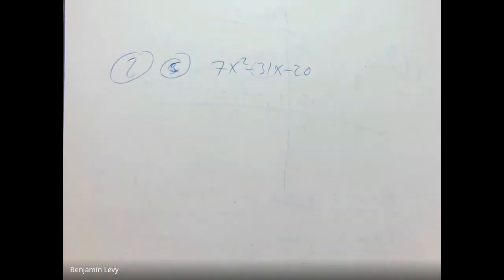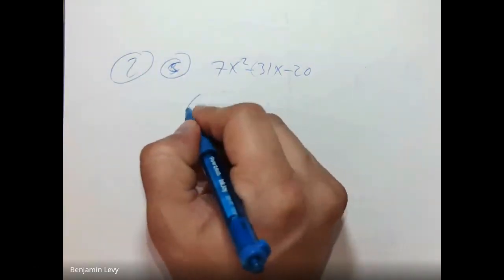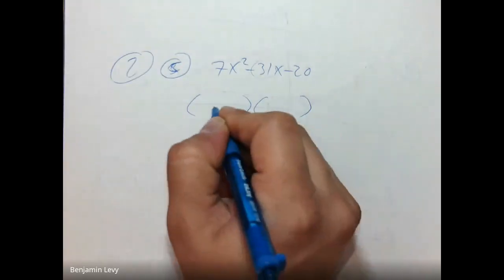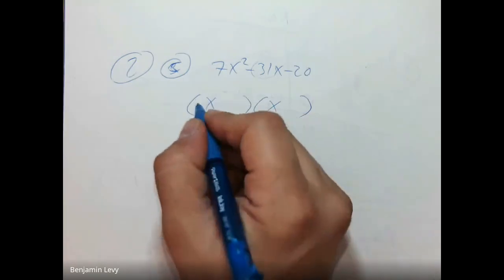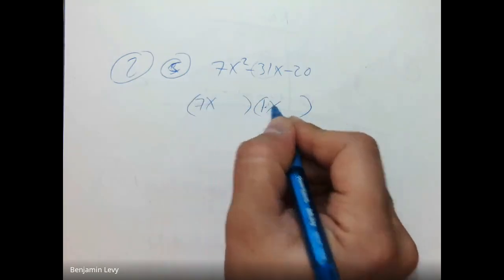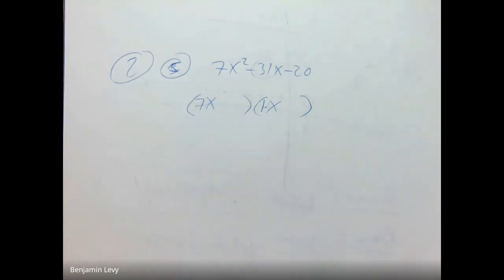I usually just guess and check for these types. That's what I do too, honestly, and that's a totally fine way to do it. It's going to look like this. There's going to be x's here. This is a 7. The only factors of 7 are 7 and 1, so it's going to look like that. That's how I personally approach these problems. And if that makes sense, you do it. These numbers are a little bit tricky.